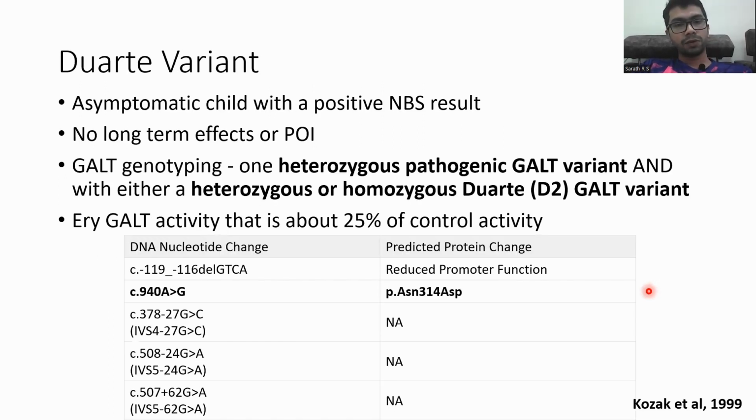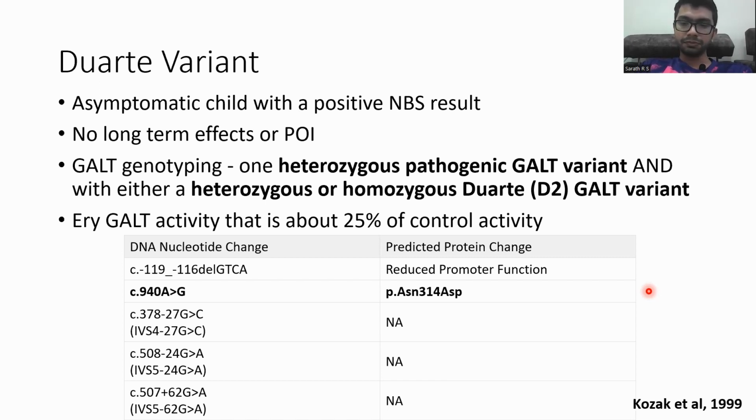Coming to the Duarte variant, also called biochemical variant. In this, what happens is that there is a genetic variation because of which there will be decreased activity of GALT enzyme. However, the enzyme activity will be minimum 25%. So there won't be any significant clinical manifestation. The child will be living a normal life and will have a normal quality of life as well.